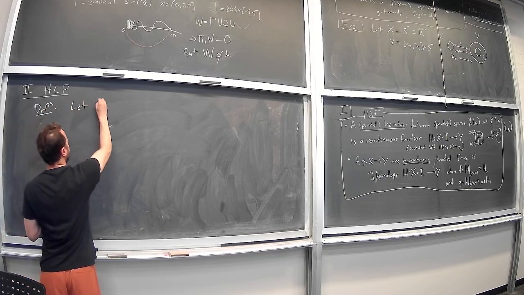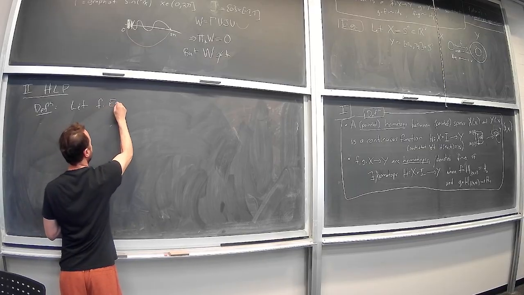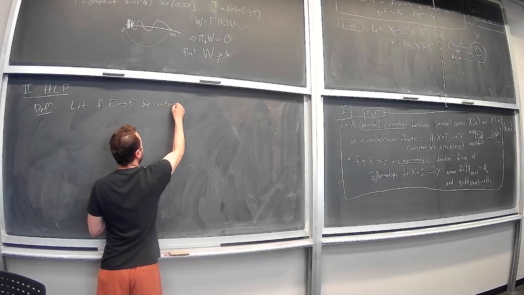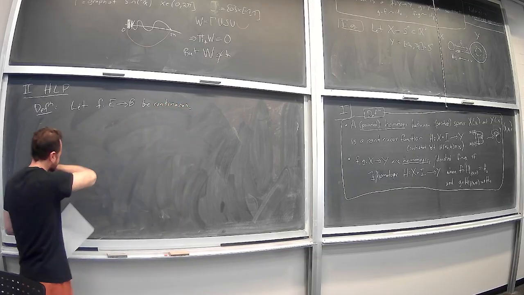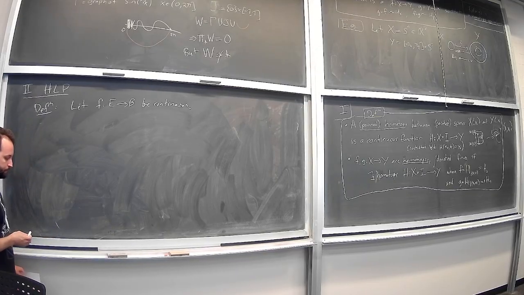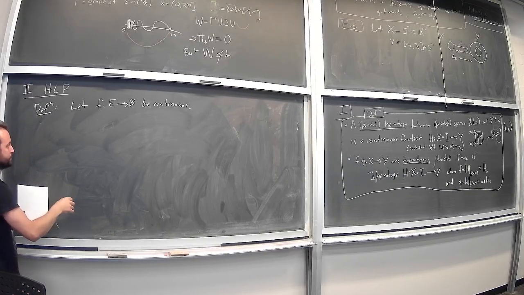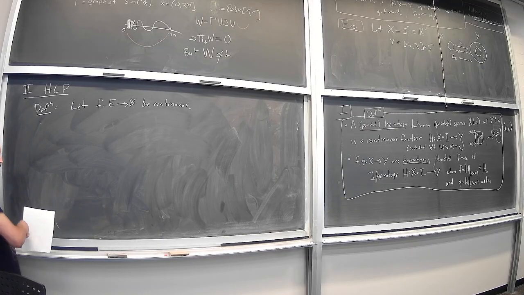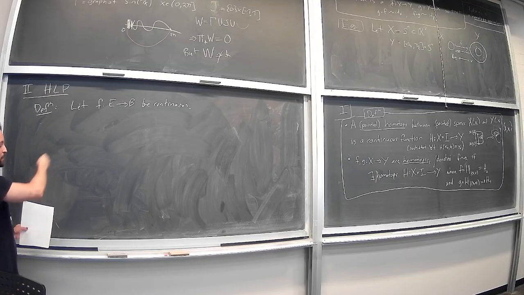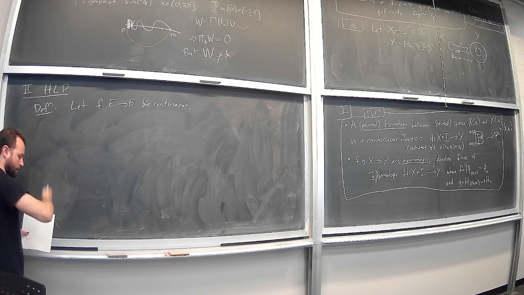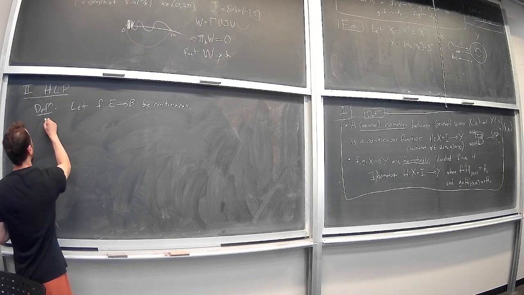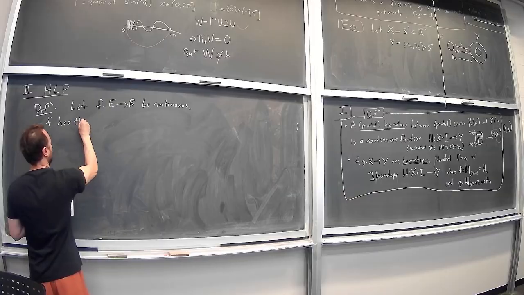So let's just start with a continuous function, say, from things we'll suggestively call E to B. Okay, so the homotopy lifting property says, if you have a homotopy downstairs coming from some space X, you have a homotopy in B. If you choose an initial condition of a map from X up into E, then there is an extension of that initial condition which covers the homotopy. I'll also show you what I mean by that. So F has the homotopy lifting property.